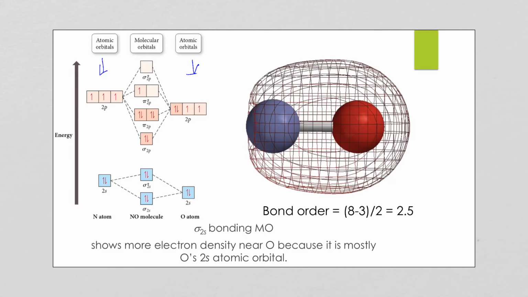And so maybe some of the result that we see here is that notice the electron density is more around the oxygen, right? And oxygen being lower in energy, higher electronegativity, right? So we have lower energy atomic orbitals, which are going to contribute more to the bonding orbitals, where we have the electron density.